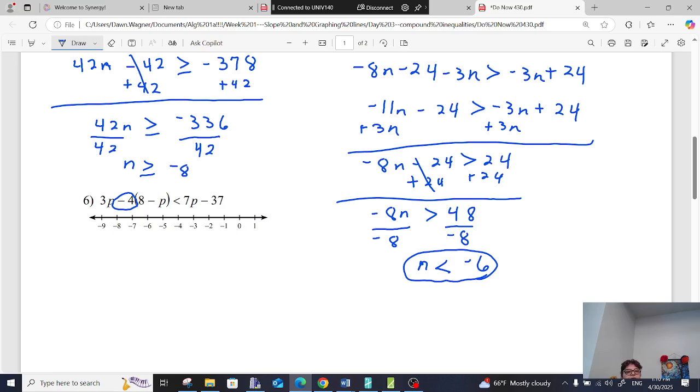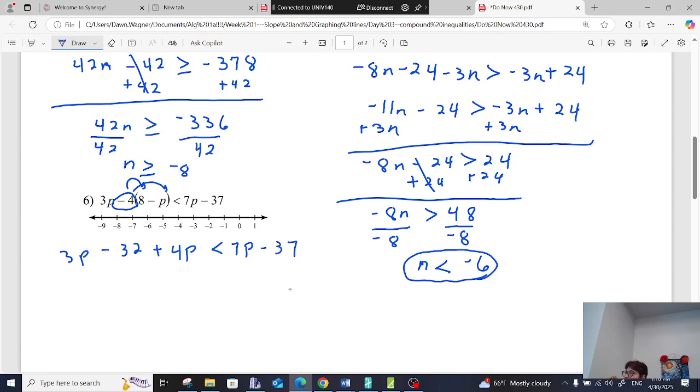So I need to multiply to the 8 and then multiply to that minus p. So I get 3p negative 32 positive 4p. Nice. Less than 7p minus 37.